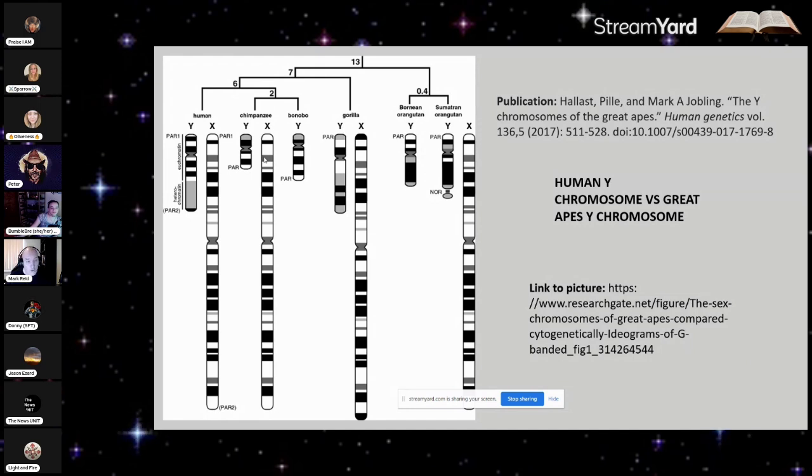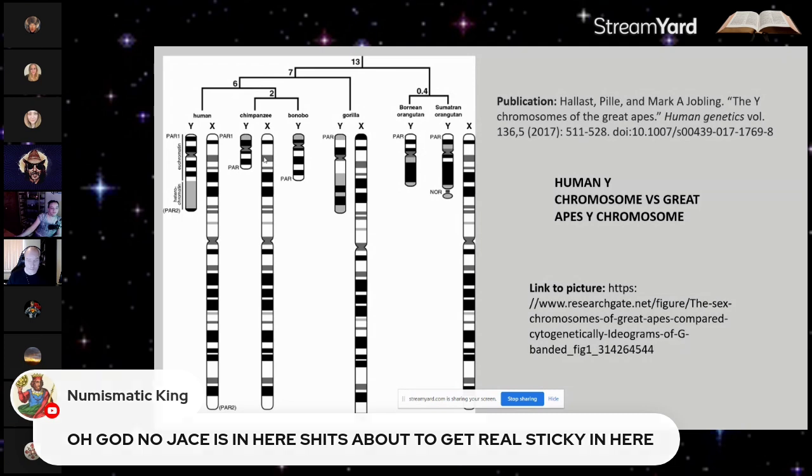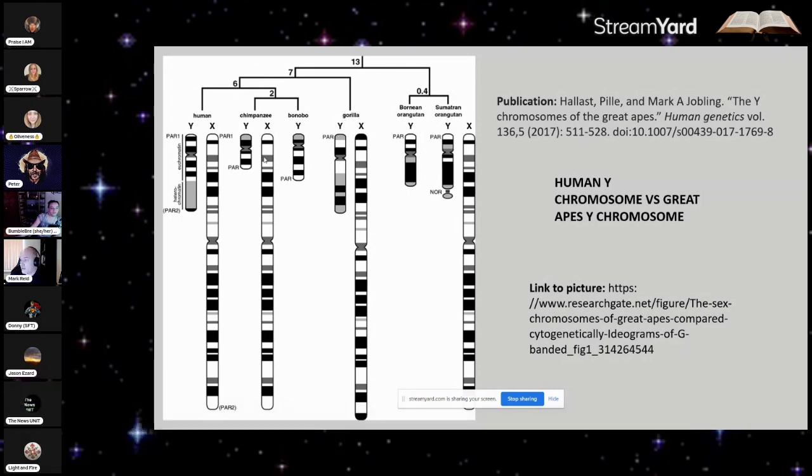Go ahead. No, that's absolutely incorrect. And your own paper refutes that. It actually says over many millions of years, the X chromosome has retained most of its ancestral content and is highly conserved across a wide range of mammalian species. By contrast, the Y chromosome has lost most of its original content and is characterized by very rapid evolution across species. This is what your paper says.